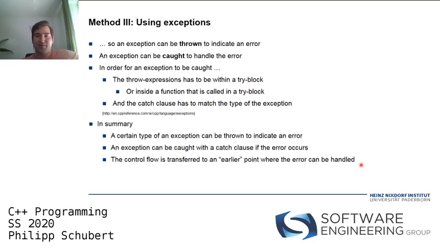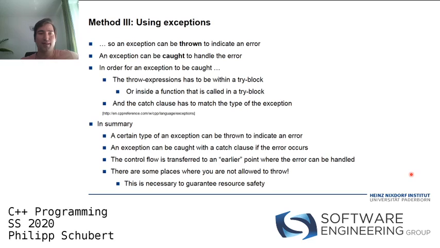The control flow is basically transferred to an earlier point in the program where the error can still be handled. On some slides, I will also tell you about some places where it's really not wise to throw an exception. There are some places where you are essentially not allowed to throw an exception. That's very important, and you need to be aware of that. Why is that? That's necessary to guarantee resource safety, which is a very important property.